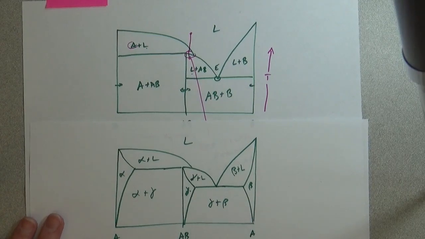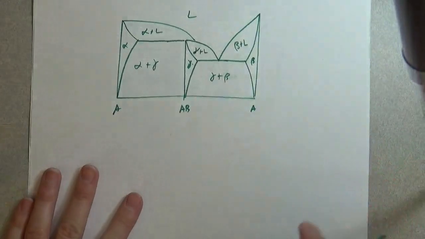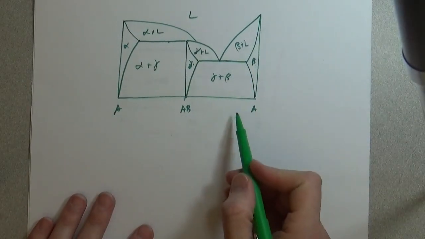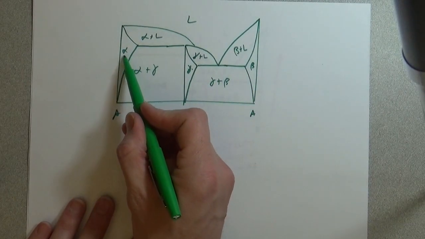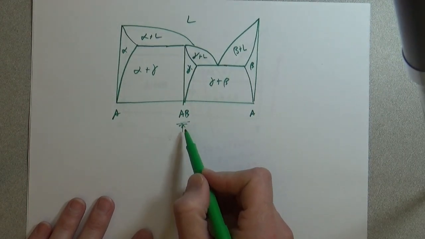And this would be a peritectic phase diagram in which you have solid solutions of alpha, beta, and gamma. So you have this intermediate phase, which is the AB.